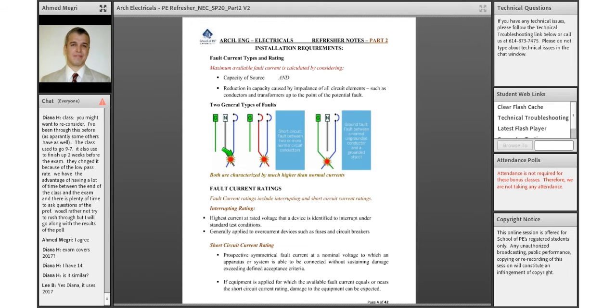So you will have a huge amount of current. Why? Because as soon as they touch each other, the resistance goes to zero, and when the resistance goes to zero, the current will go to infinity.